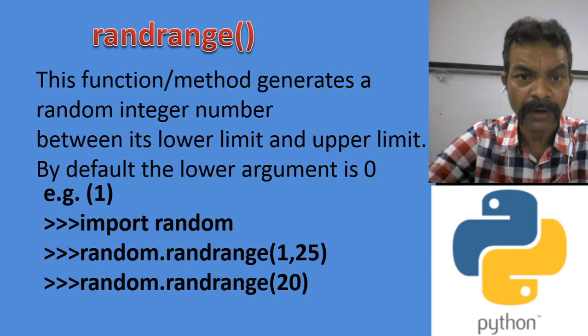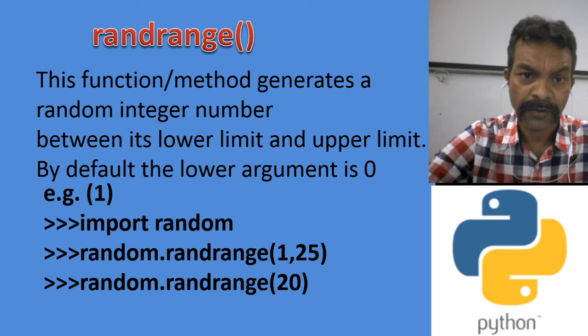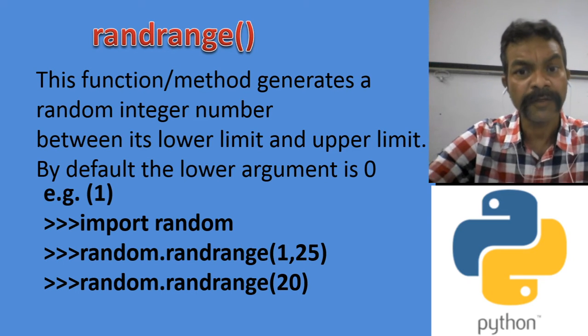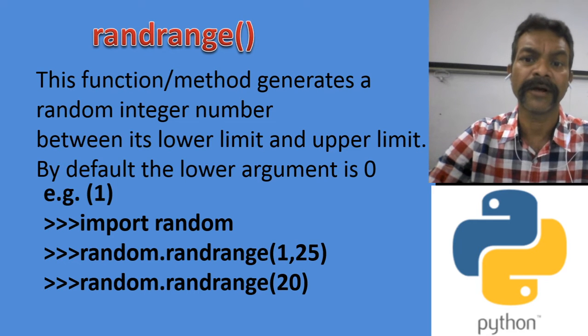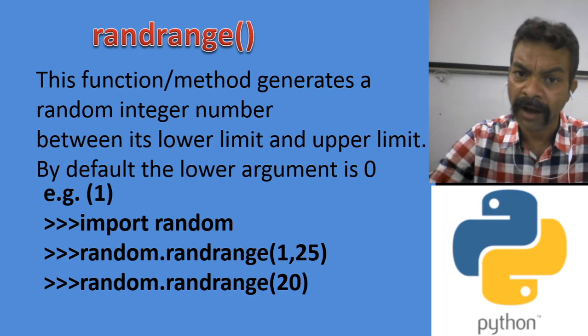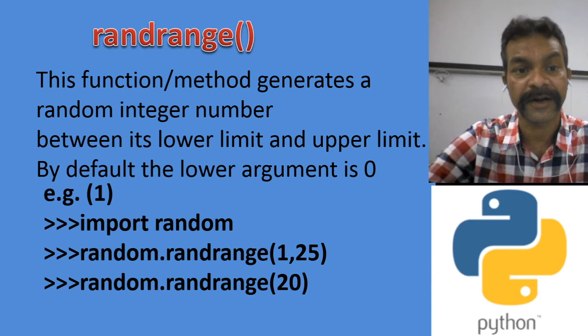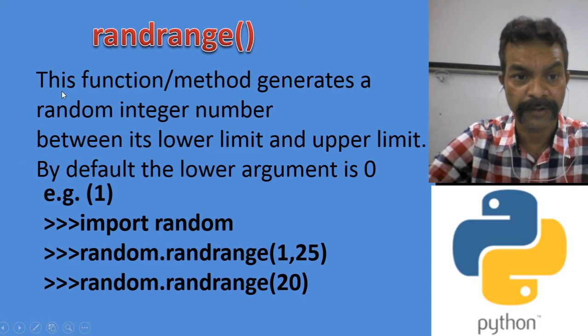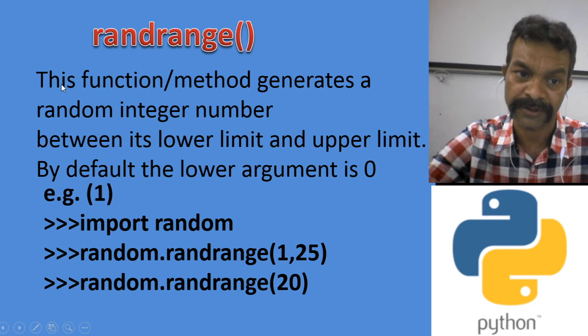Now I am going to the next function, called randrange function. This function is very important from the exam point of view also, because a 3-mark question is asked from it. So we will see what the randrange function is.